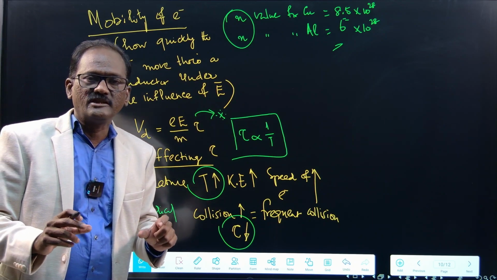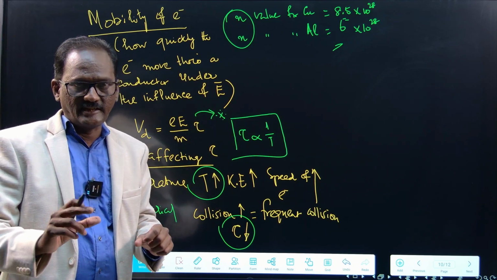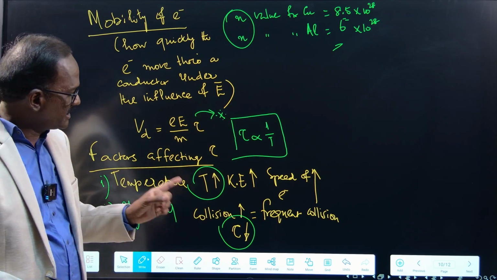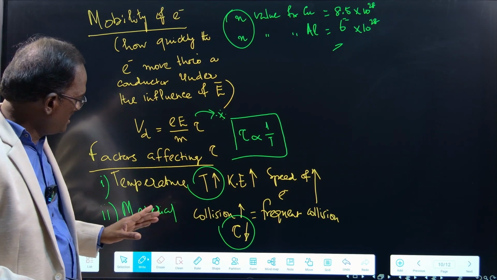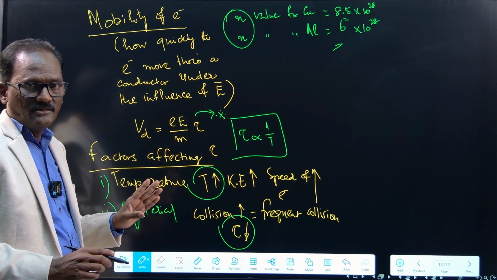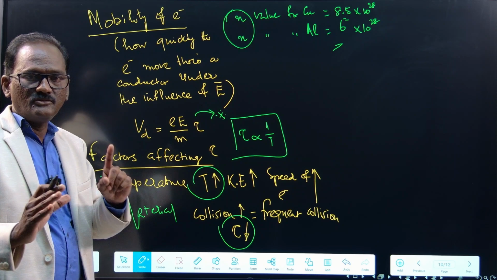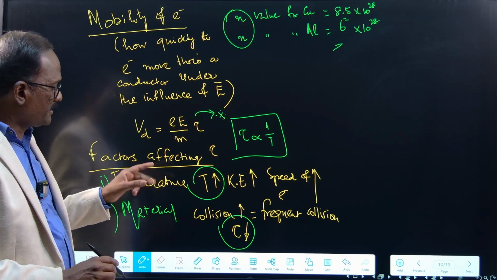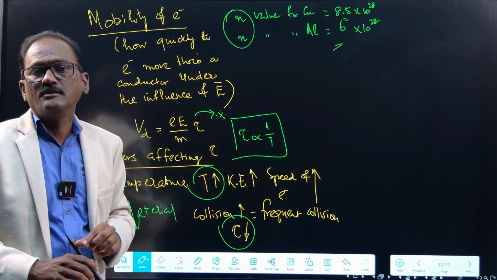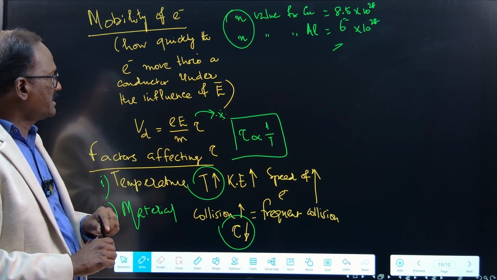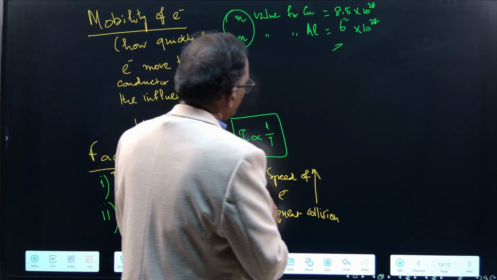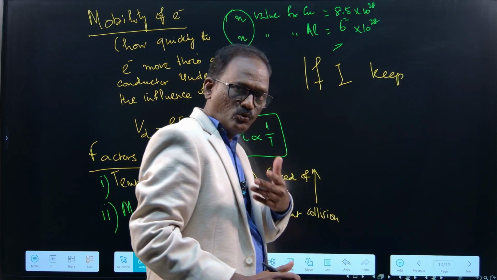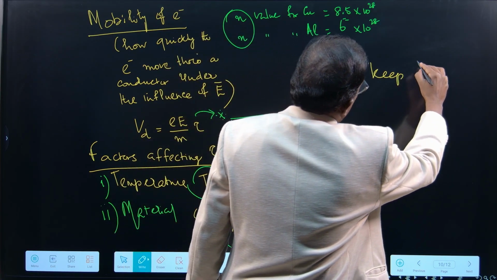But when we do the experiment, we won't change the material again and again, right? We will keep the experiment using only one conductor. So even though tau depends on the material, this can be kept constant if we use only one conductor for our entire experiment. This will not be a big problem. Tau is inversely proportional to the temperature.